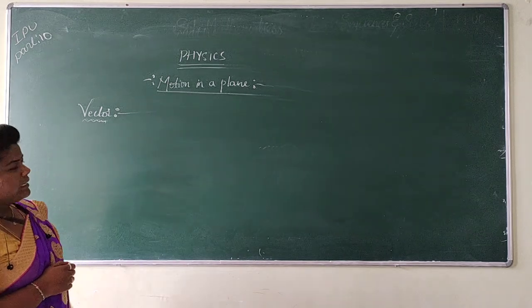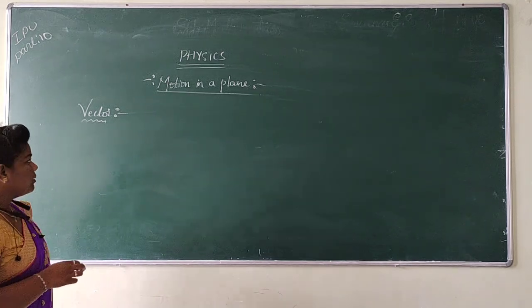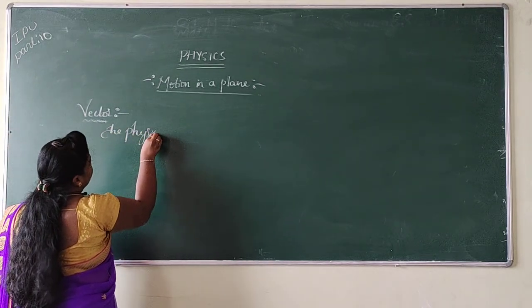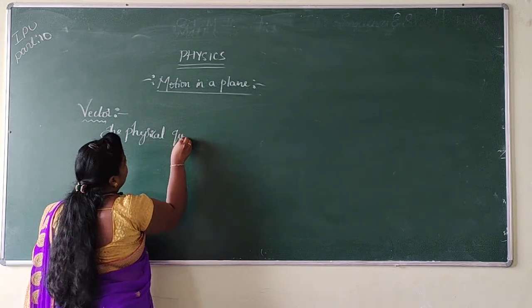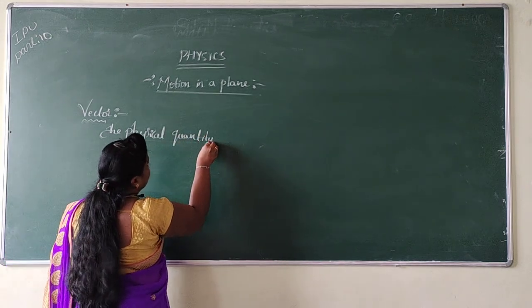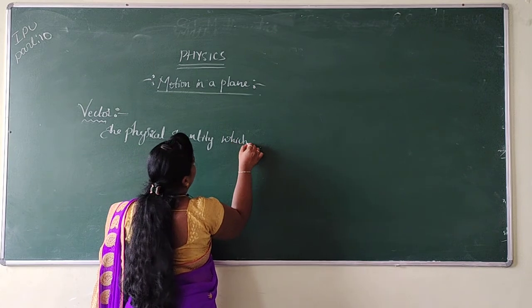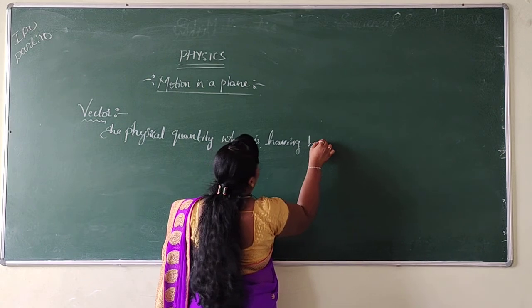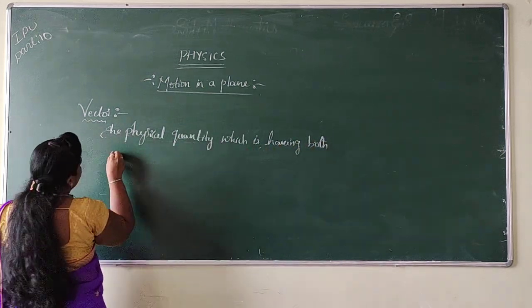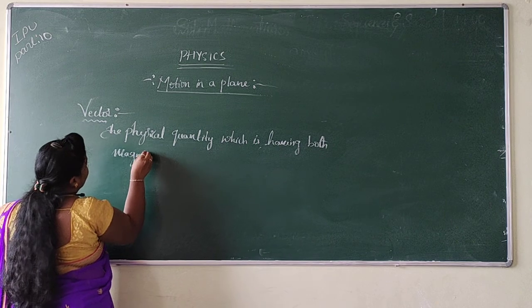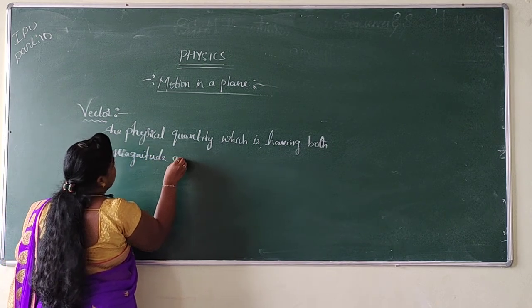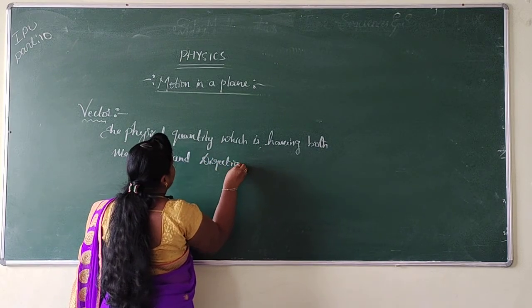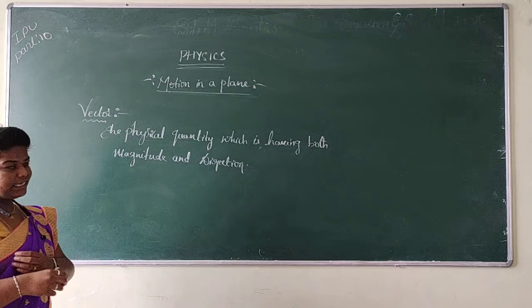What is a vector quantity? The physical quantity which has both magnitude and direction is called a vector quantity.